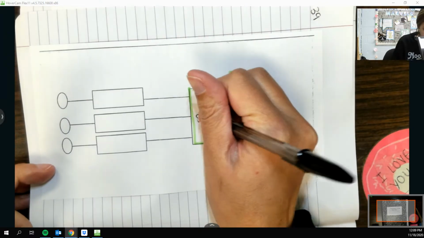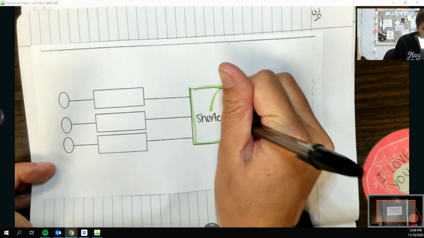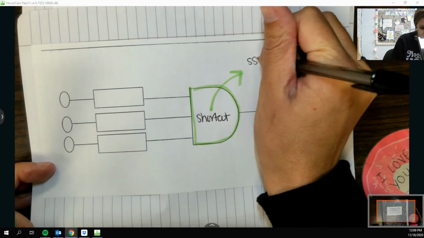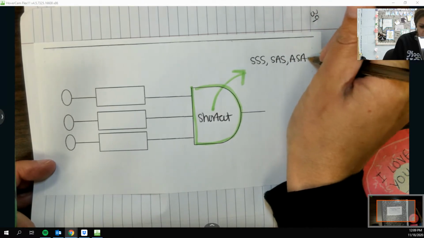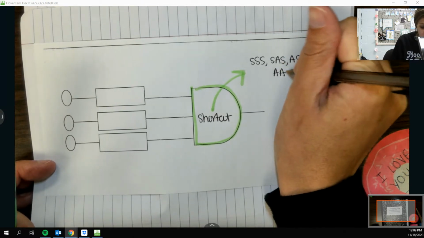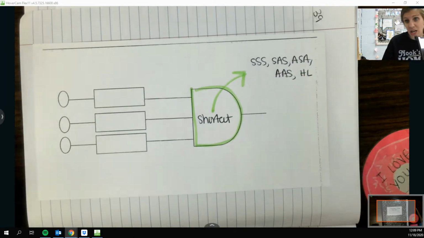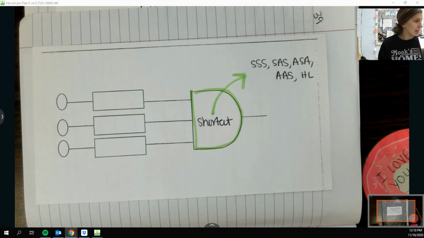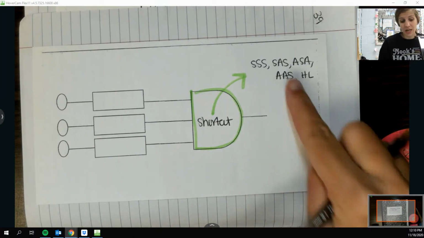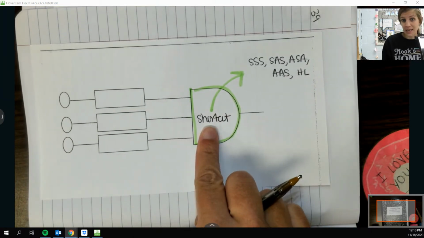So shortcut can be something like side, side, side, side, angle, side, angle, side, angle, angle, angle, side, and eventually when we get to it, HL. You're going to be looking at the tick marks to determine how they are congruent, and you'll write that shortcut right in the box.